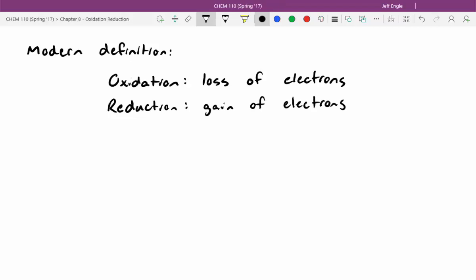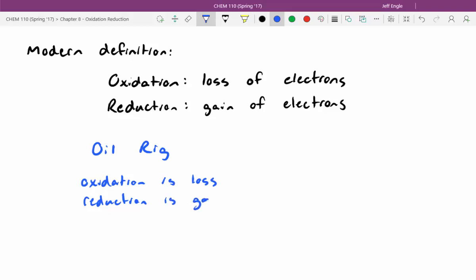This covers a lot more redox chemistry. So the way I remember it, like I said in lab, is OIL RIG: oxidation is loss, reduction is gain.